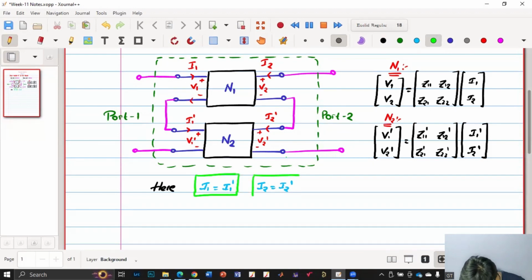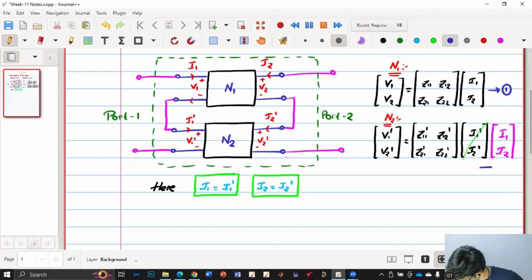Current is being shared. Current is same. So I can write instead of this portion, I1, I2. Both are same. So now, say this is my equation one and this is my equation two.